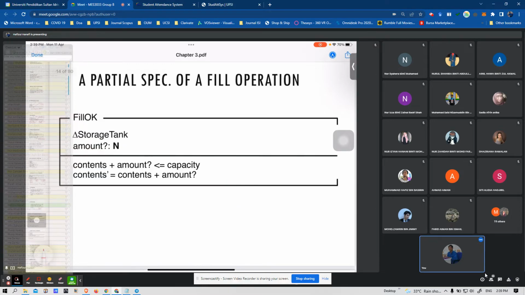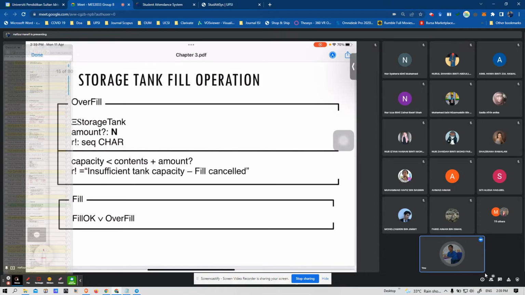Okay, we have storage tank and then amount as input, natural numbers. And then overfill, this one is the third operation.